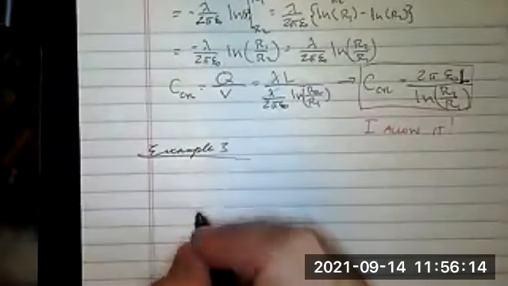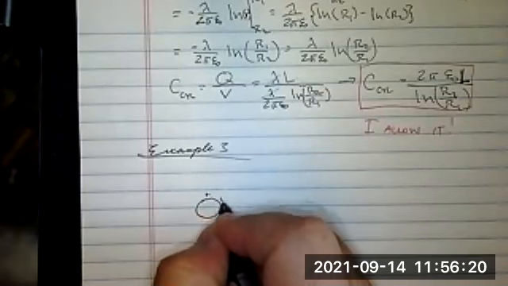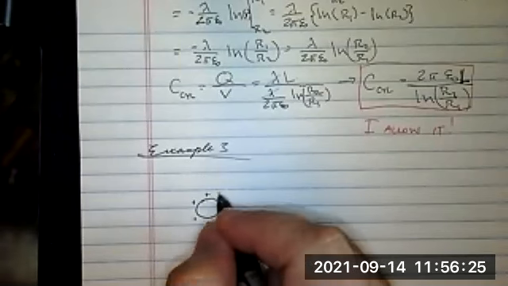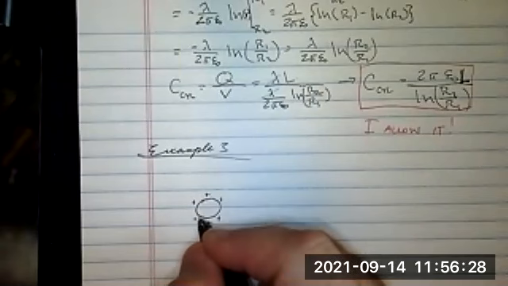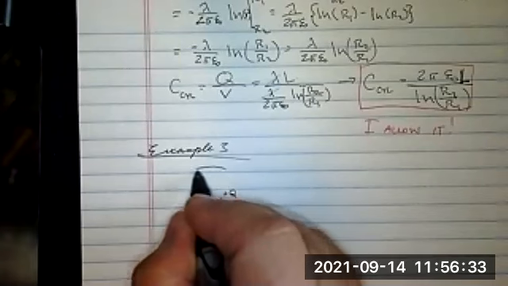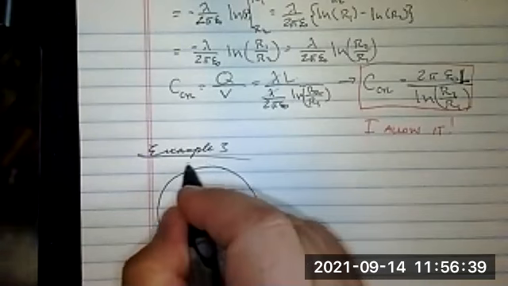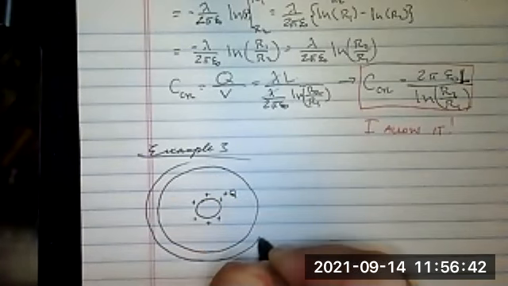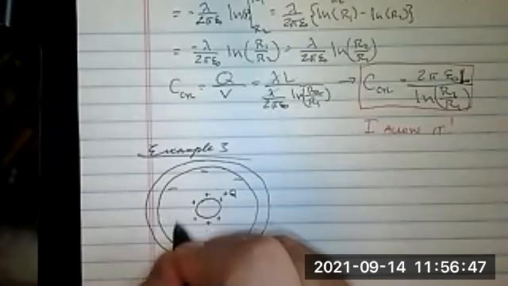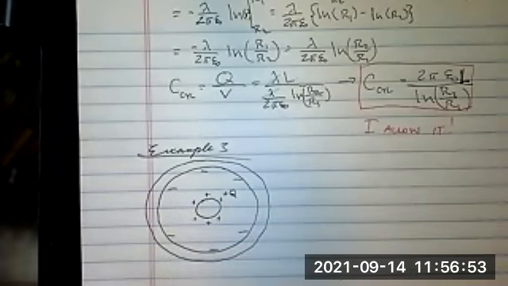So let's imagine a spherical conductor. Since it's a conductor, the charge will automatically be distributed over the outer surface, and that charge is going to be a plus Q. And then a concentric spherical conducting shell will be around it, and it will have a charge of negative Q distributed uniformly around the inside surface.